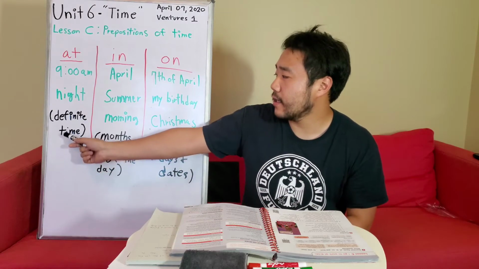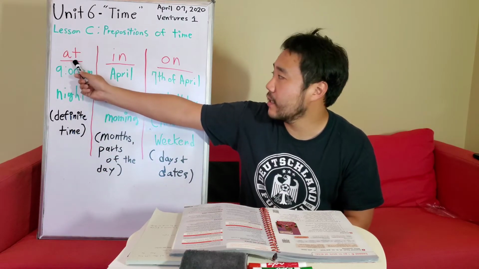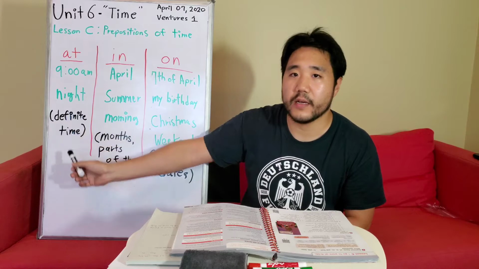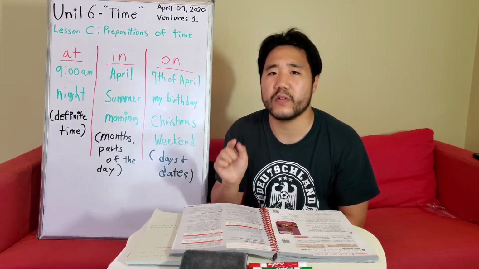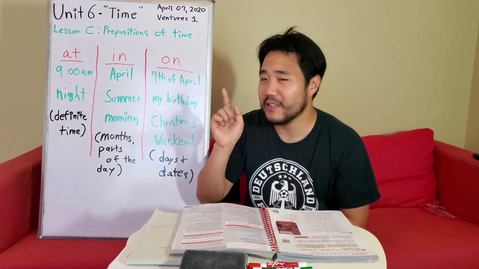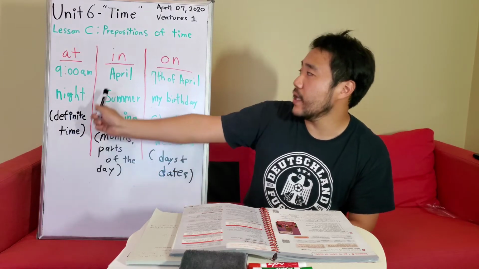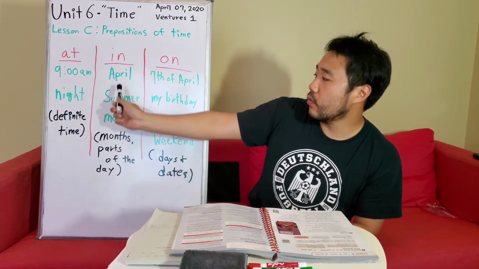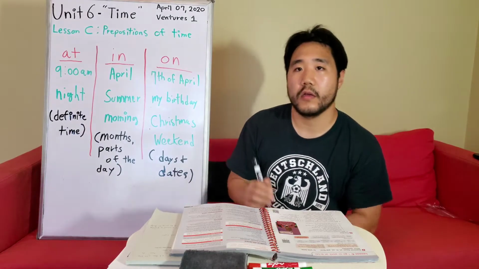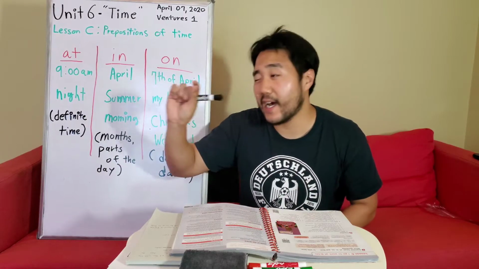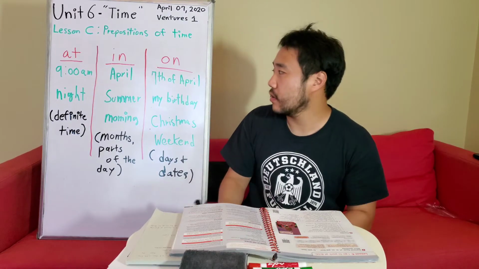When I talked about at, I said definite time, very, very specific, like 9 o'clock. But when you compare it to in, we're talking about months. Compared to that time, a month is a big difference.